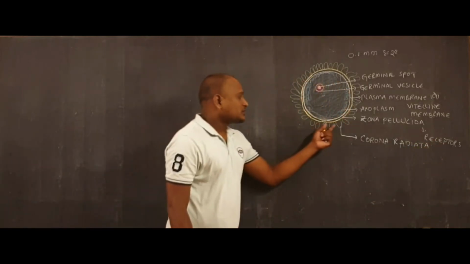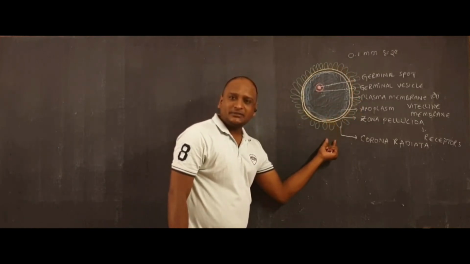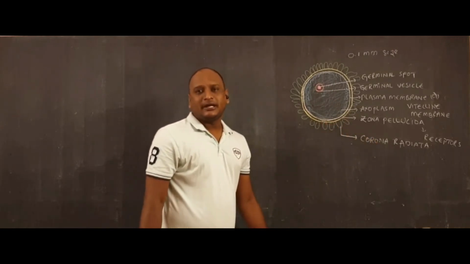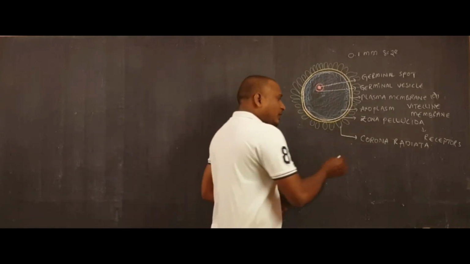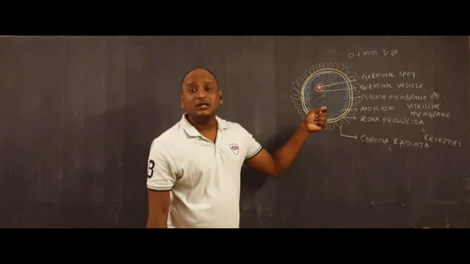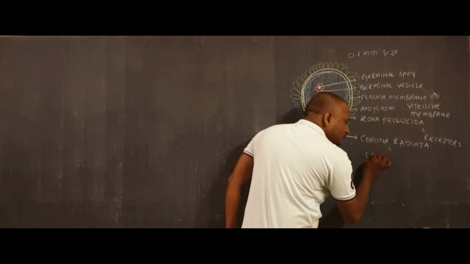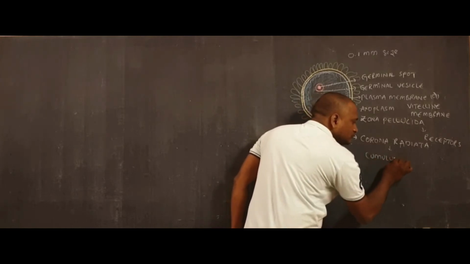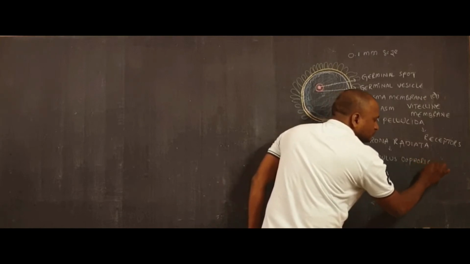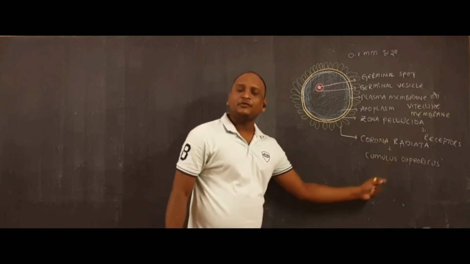The cells outside the zona pellucida are elongated in nature and radiate towards the outside. These corona radiata cells are formed from cells during the Graafian follicle stage, that is, the cumulus oophoricus.